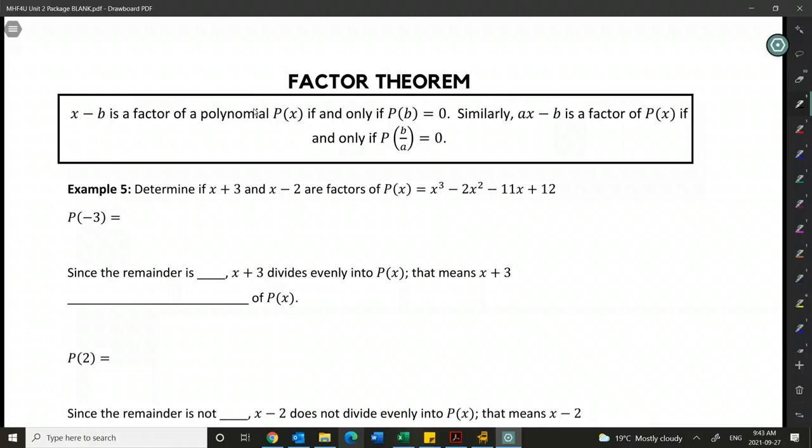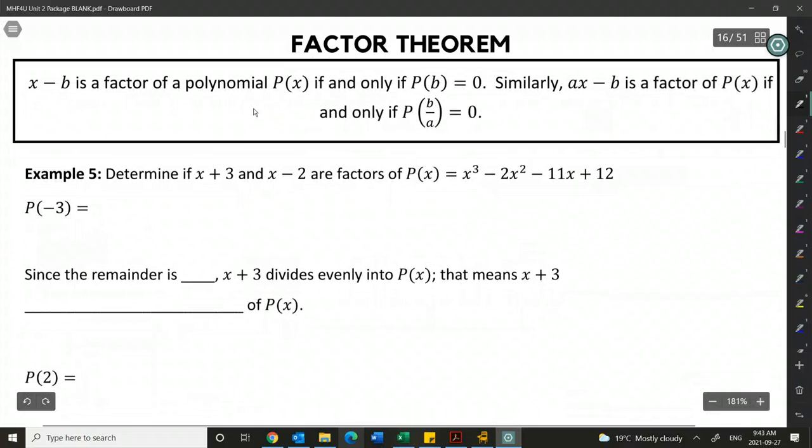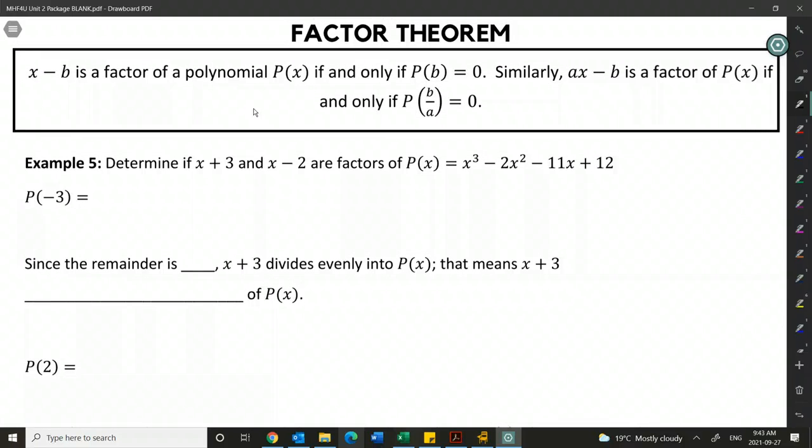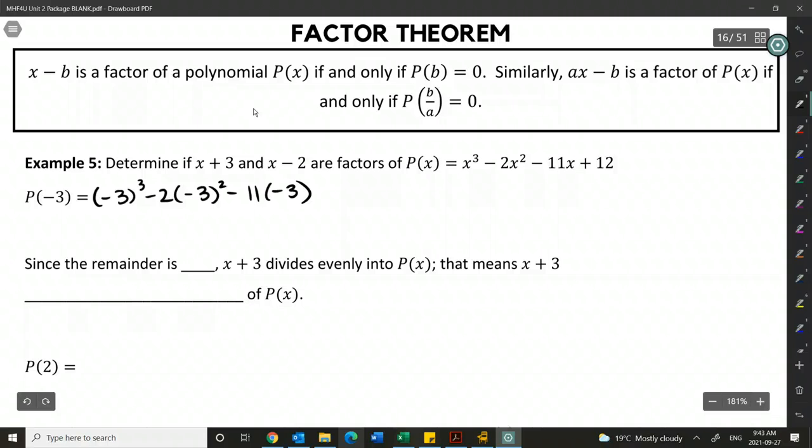This one is asking: we have two polynomials, determine if x plus 3 and x minus 2 are factors of the polynomial p at x. So we are first going to test the 0 of this binomial, which is negative 3. I'm going to sub that in for all the x's here. So negative 27, this is 9 times negative 2, plus 33, plus 12.